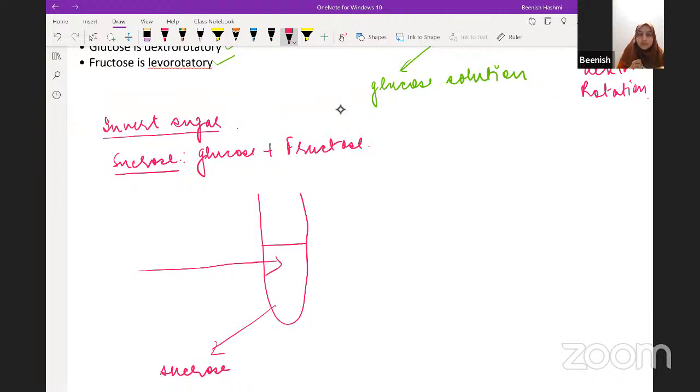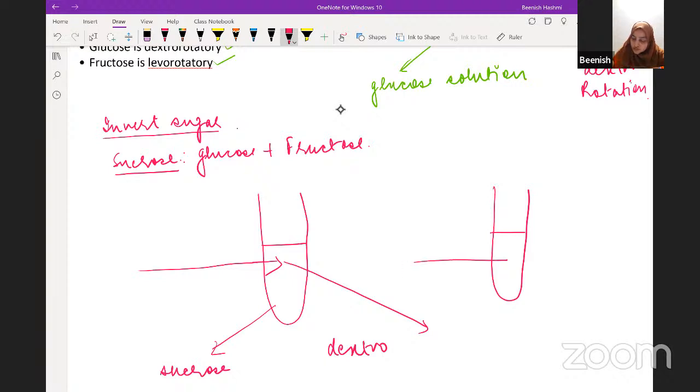What will happen? There will be clockwise rotation of the plane polarized light, dextrorotatory. But after some time, we will see that there is a change in rotation. The plane polarized light is rotated in an anti-clockwise manner. Levorotation takes place.